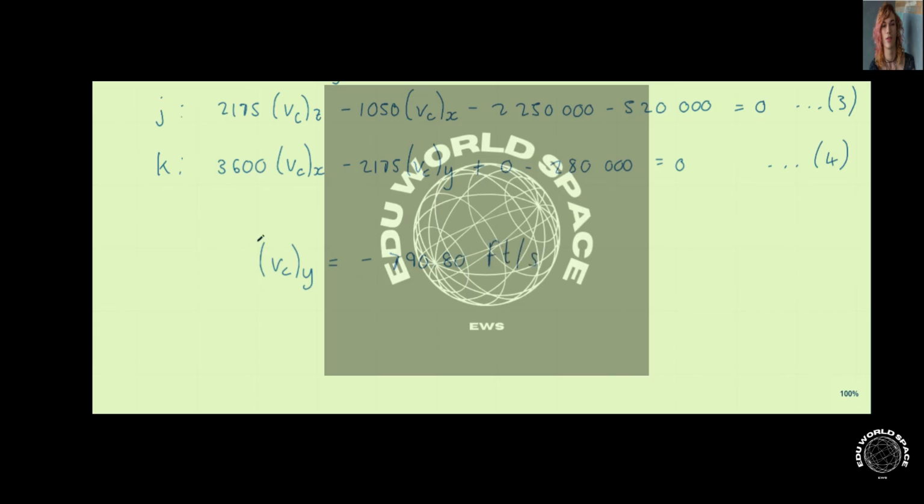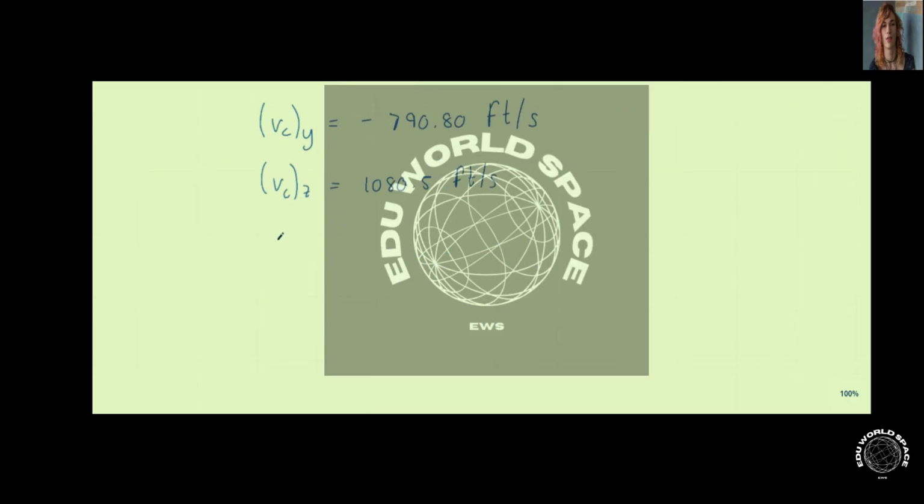And then from equation 3, we get that the z component of VC is equal to 1080.5 feet per second.